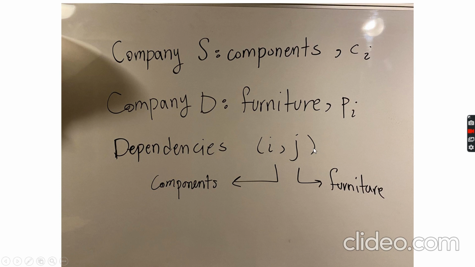Now, in the original problem, you wanted to identify a set of furnitures and therefore a set of components such that the sum of the profit that you make out of those furniture minus the cost that you need to pay for the components is maximized, which we then showed is equivalent to minimizing the sum of prices of furniture that you're not going to build plus the cost of the components that you're going to need.